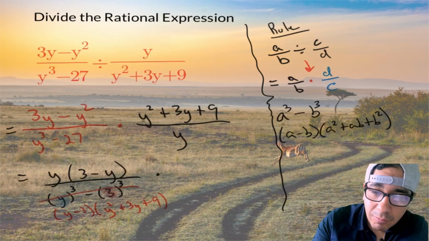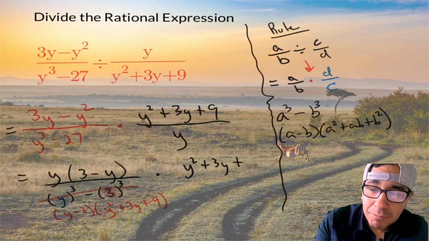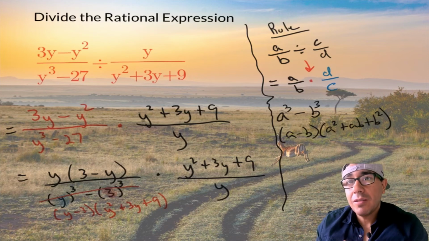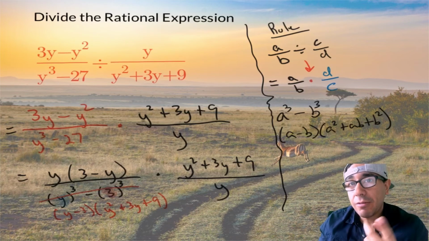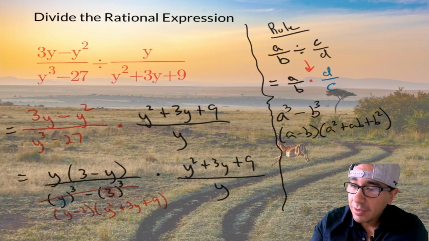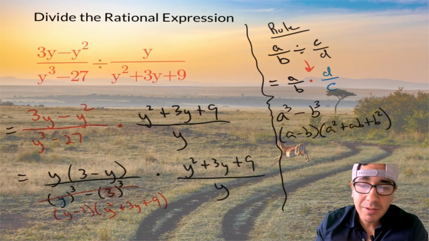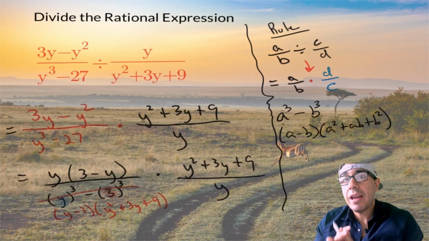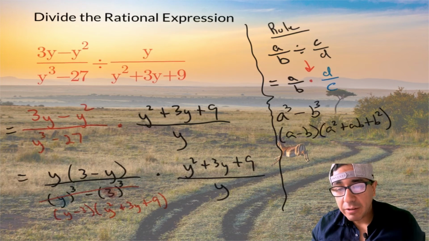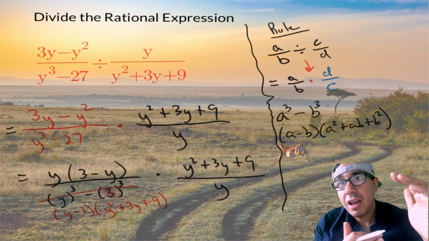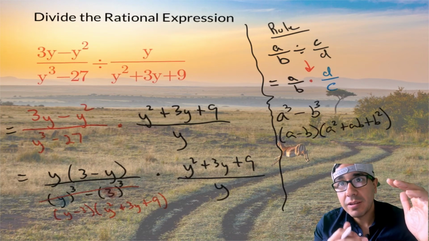So we have y squared plus 3y plus 9, and it's still over y. So now we ask ourselves, so we factored, and now we ask ourselves what cancels. So let's go ahead, let me get my highlighter out, and let's see what cancels. And when you're canceling these factors, as long as you have something in the numerator and something in the denominator, and it's multiplication, we can cancel.